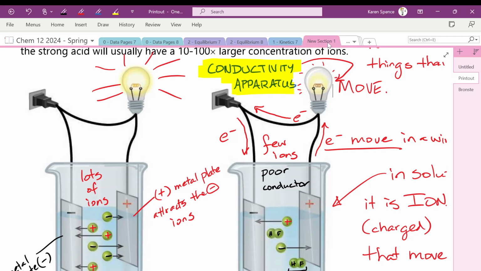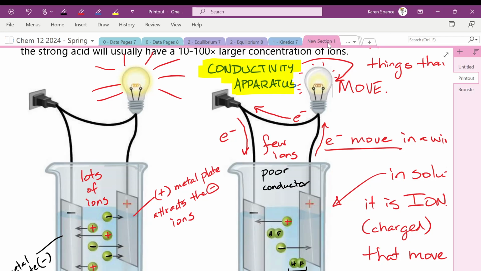If I dilute it by a factor of 10, what will the new concentration be? 0.1. Yes? So we're going to go with 0.1 molar. Here's my 0.1 molar HCl. Predict what you think is going to happen. Tell your partner what you think. 10 times less concentrated.